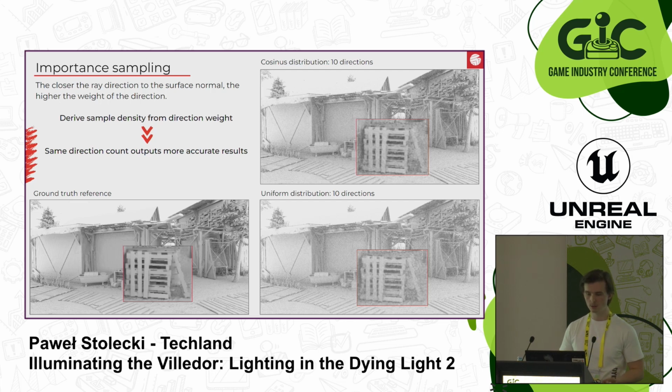By doing so, we make sure to sample densely where the occlusion will really make a difference. On the provided screen, you can observe that the image with cosine distribution follows the ground truth reference better than the uniformly distributed counterpart. The cosine distribution is the image at the top.